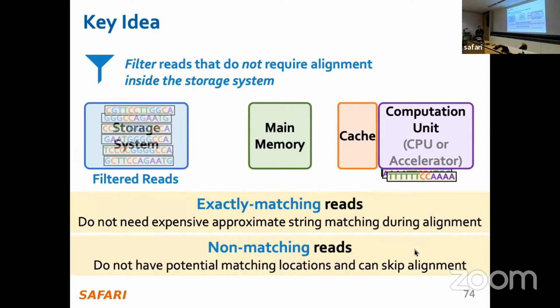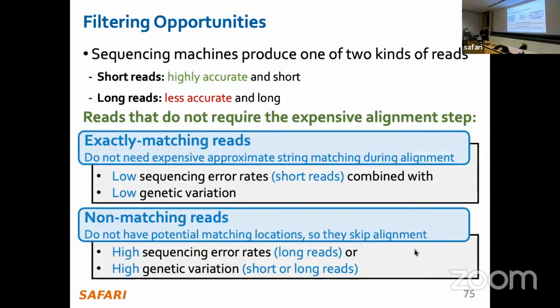And for non-matching reads, you can also do some filtering based on how many mismatching bases the read has compared to the reference genome. If the read is too dissimilar to the reference genome, you can also decide not to send the data to the computations. This means that you're also not paying the cost of the data movement, which reduces the latency.